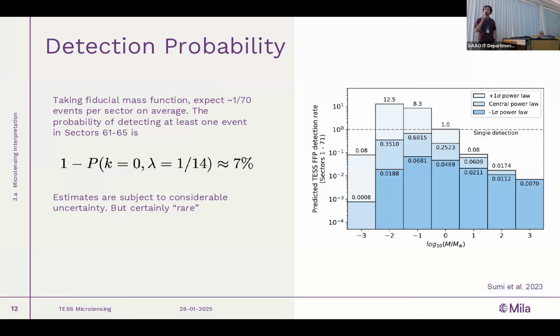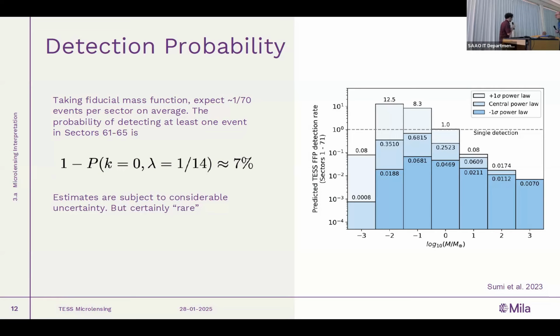Sure, good question. So I think in the sense that the mass function that we're fitting to, assuming a mass function for the power law, is data-driven, it's hierarchical from a population model. That is what is informing this predicted event rate.